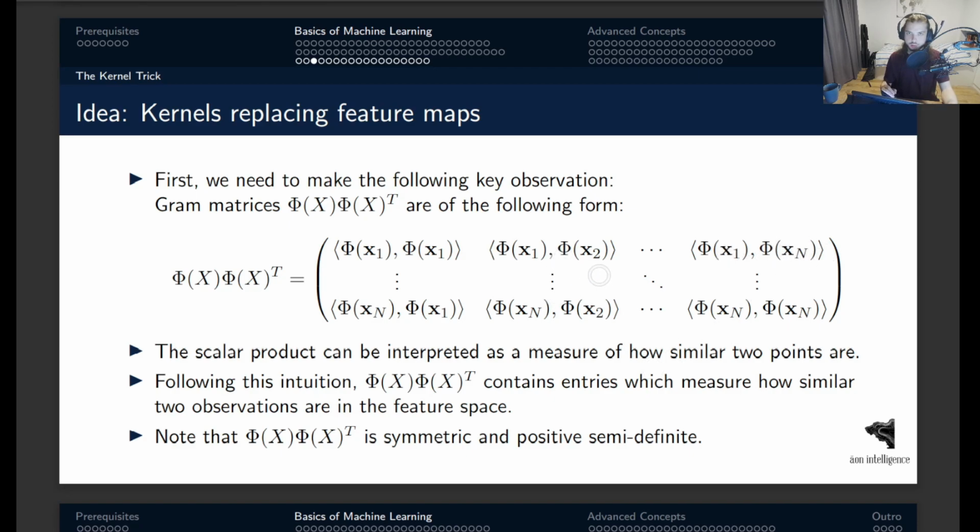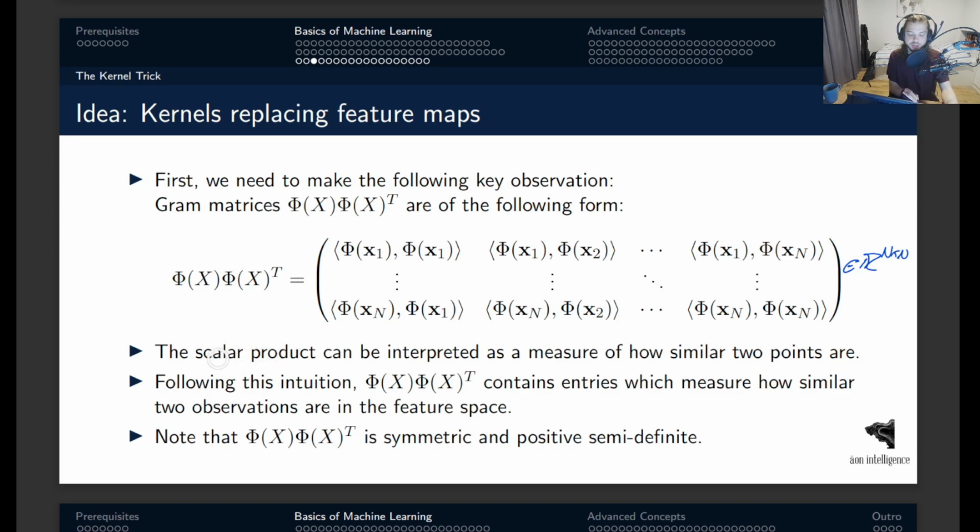And we do this for all rows. Thus, the final row of this Gram matrix contains all possible inner products where the first argument is the final feature mapped observation. And again, this object is of dimensionality n by n.